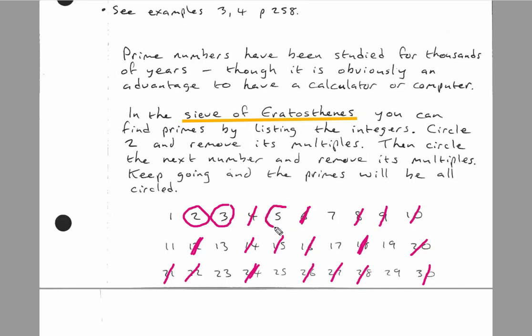The next number is 5. Cross out the multiples of 5. These are already crossed out, except 25 we need to cross out. Next, 7. Cross out the multiples of 7, 21, 28.